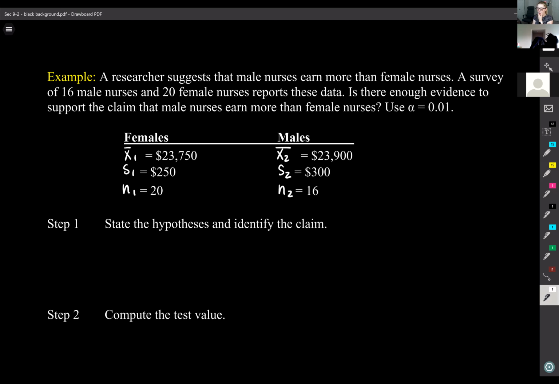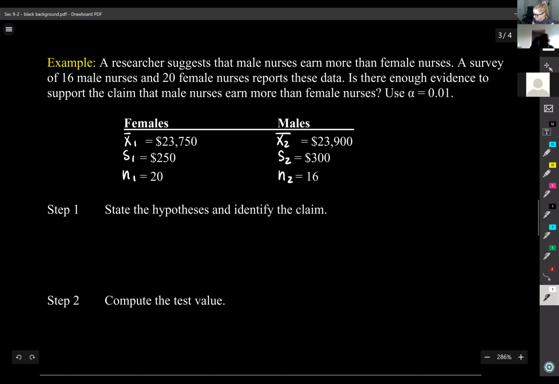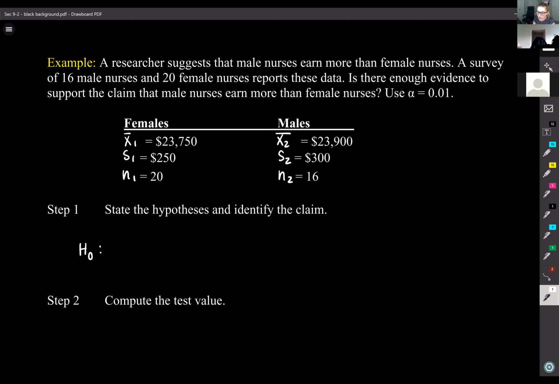Okay, so let's state our hypotheses here. First of all, our researcher is suggesting that male nurses make more than female nurses. That is going to help us write down our hypotheses. For our null hypothesis, it's going to be that the means are equal.